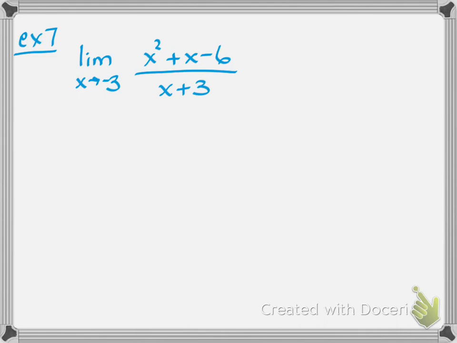Okay, so our strategy is always, can I just do direct substitution? So we try to plug in a -3 right here, and we get a 0 on the bottom. So no, direct substitution doesn't work. So far we have one strategy that we can try, and it's the dividing out technique. So it was factor and see if anything divides out. Well, the top is a quadratic that does factor into two linear factors, x plus 3 and x minus 2.